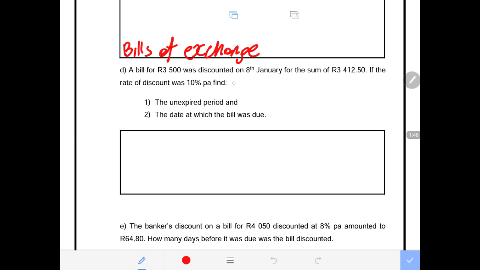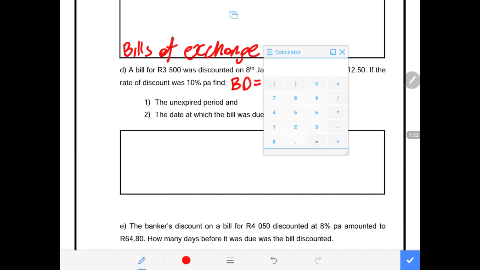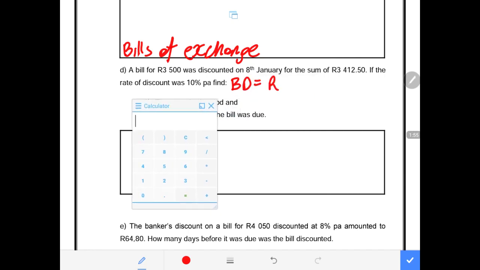Then we know that the difference between the face value of the bill and the cash value of the bill is what is called the banker's discount, which is the interest charged by the bank for discounting the bill before its due date. 3,500 minus 3,412 rand 50 cents is an amount of 87 rand 50 cents.